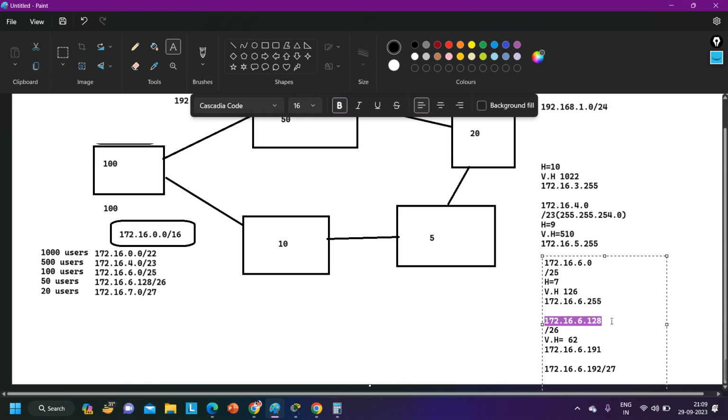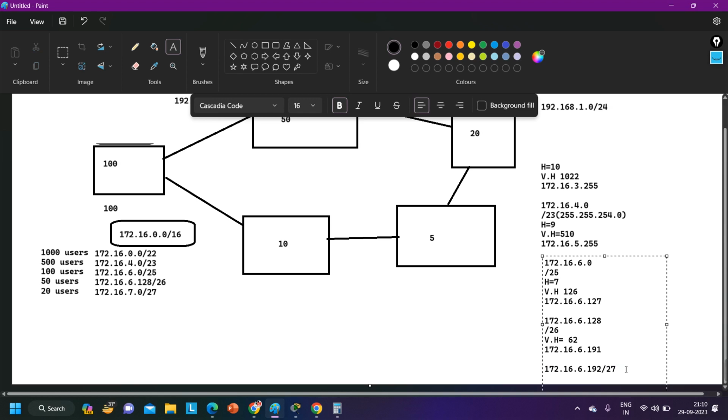Instead of 255 you can write 127. The broadcast IP, the one above, that is 127. Yes, this is 127, the broadcast IP. And this is the last network with slash 27.